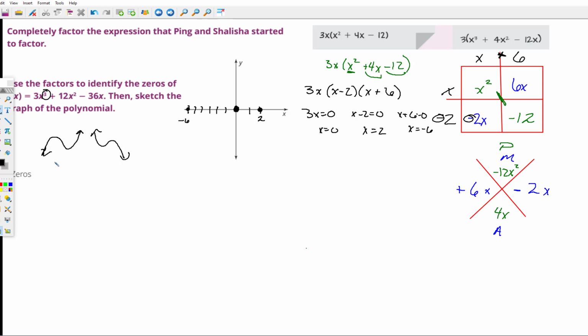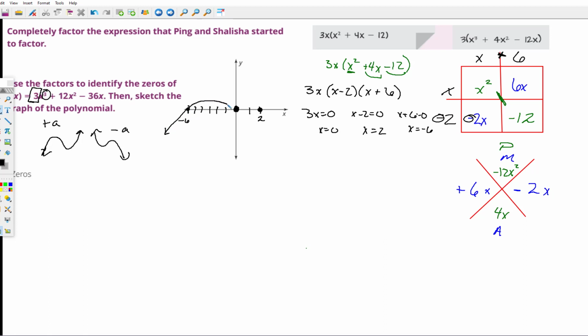How do I know if I'm left or right? You're A. So we had a positive A. So that means the right-hand side needs to be positive. So that means that our first side is going to be going down.